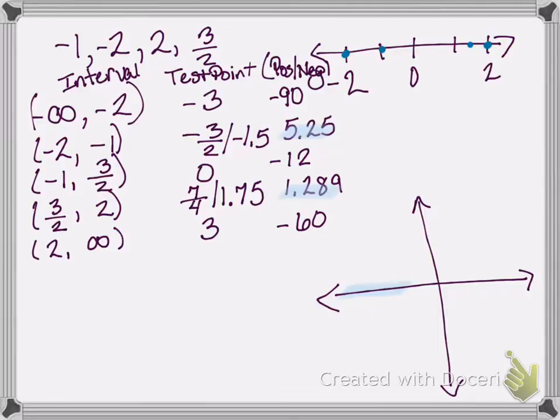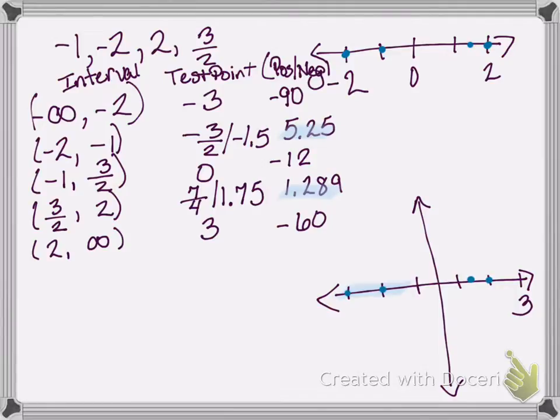And we know at the points where it crosses the x-axis, we know our graph crosses the x-axis at -2. We know it crosses the x-axis at -1, at +2, and at +1.5.